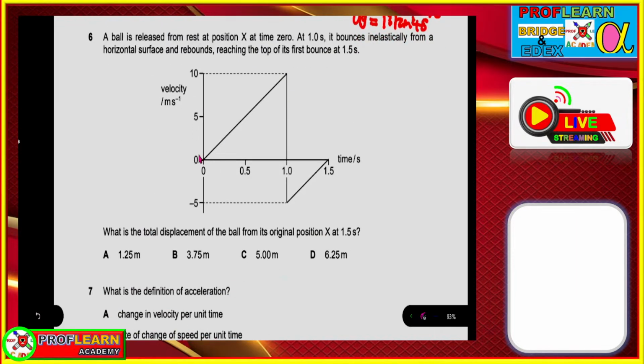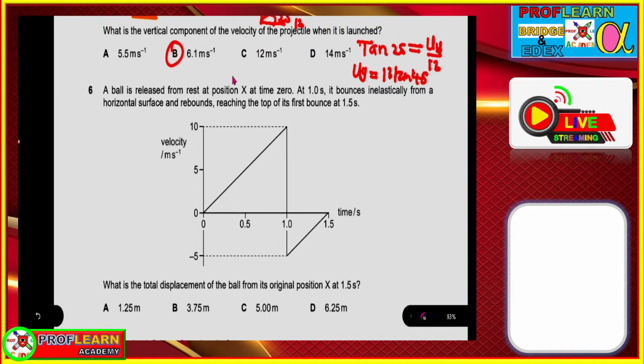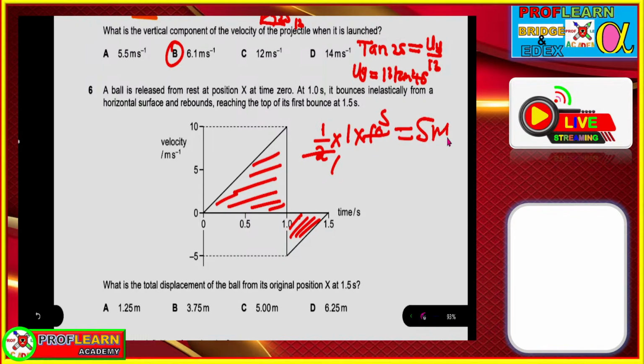What is the displacement of the ball? Remember, for displacement we are going to work out the area in this region and also the area in this region, then we add the two together. That is going to be a half times the base, which is 1, times the height, which is 10, and this is going to be 5 meters.